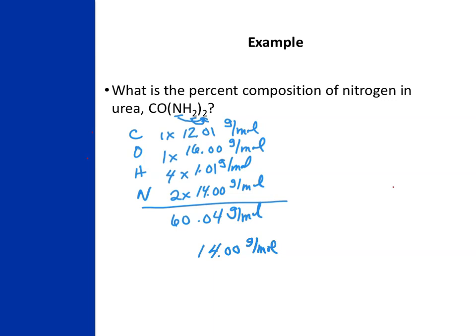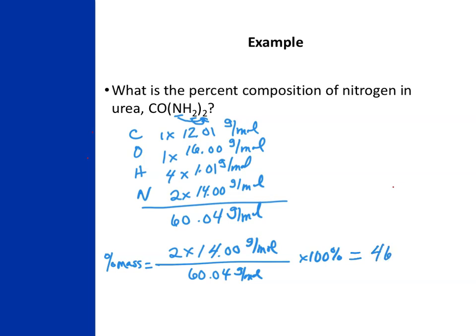So if we look back again up at our chemical formula, we see that there are 2 nitrogens, so we're going to need to multiply our 14 times 2, and then we're going to divide that by the molar mass of urea, 60.04 grams per mole, and then multiply by 100%. When we do this, we find that our percent composition due to nitrogen in urea is 46.6%.